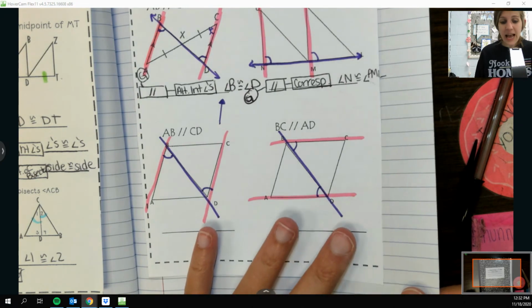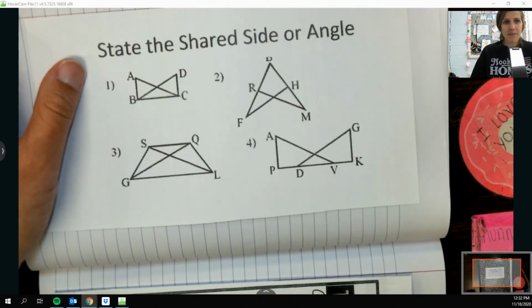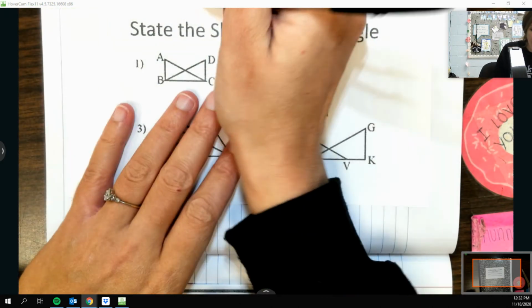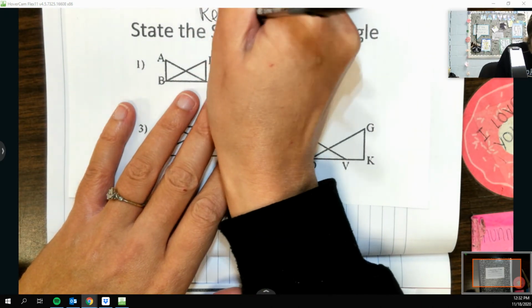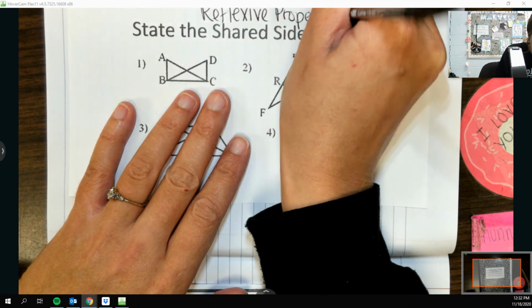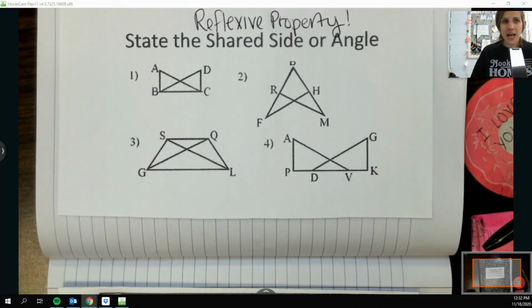And then the last hint page that I have for you is where I maybe share a side or an angle. Now this is the reflexive property again. But sometimes finding that shared stuff is tricky.